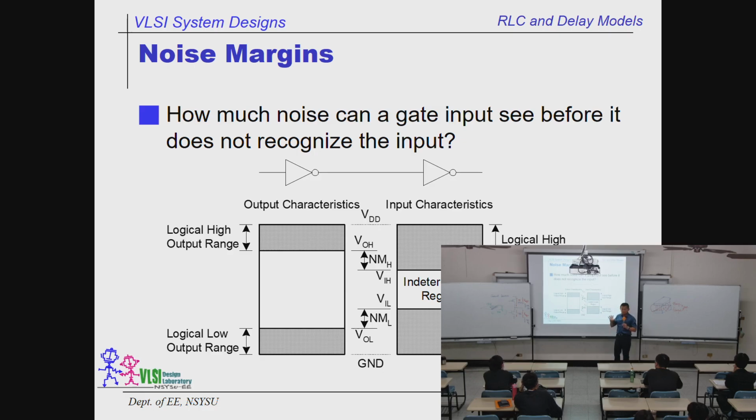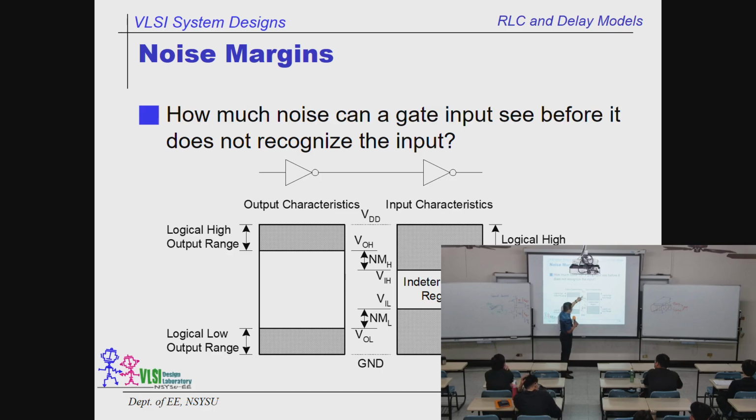So you might be a little bit confused, but don't panic. This stands for the capability of any inverter to send out a signal clean and clear enough. And this capability stands for the inverter when it is used as a receiver. It has to have the capability to differentiate high or low.